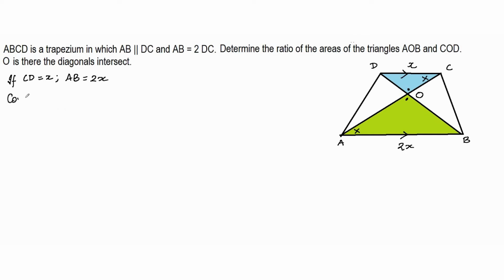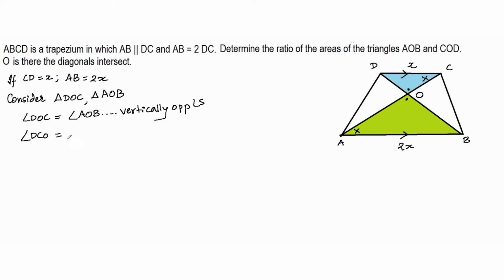So I can say consider triangle DOC and triangle AOB. I know that angle DOC is equal to angle AOB because of vertically opposite angles. And similarly, angle DCO is equal to angle BAO because of alternate interior angles.